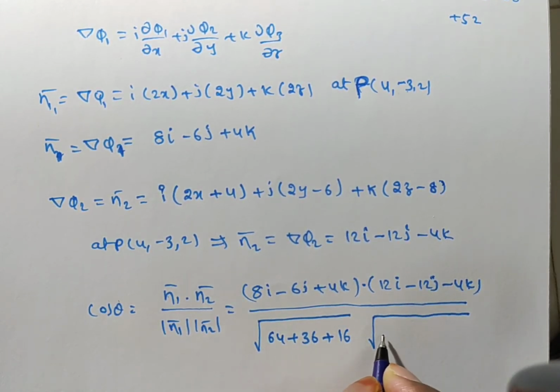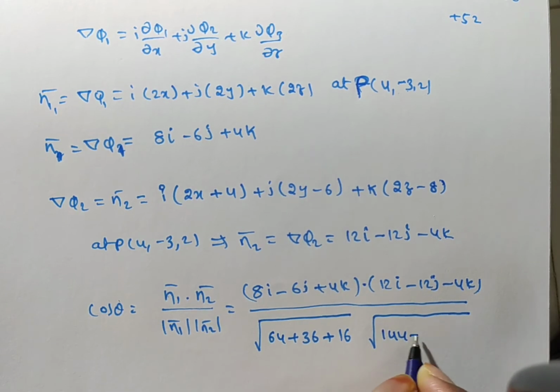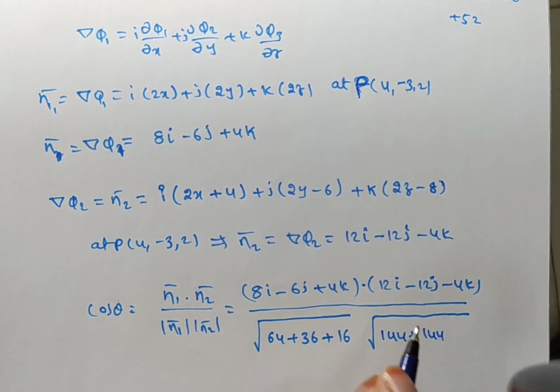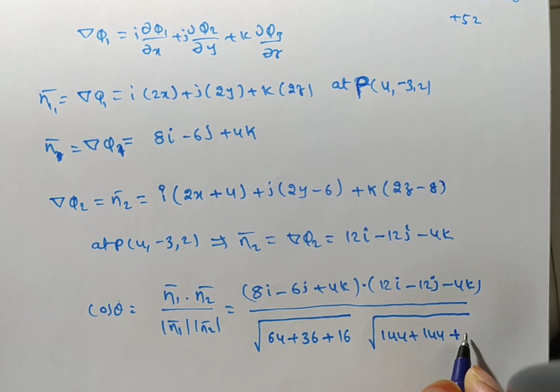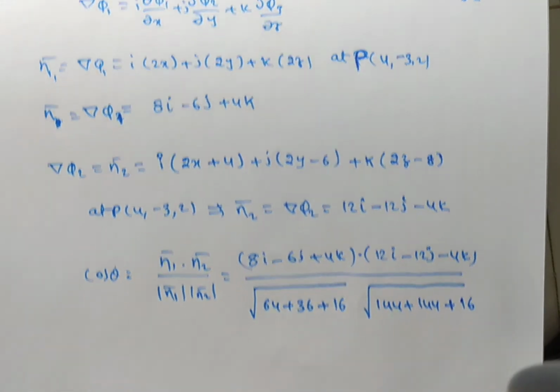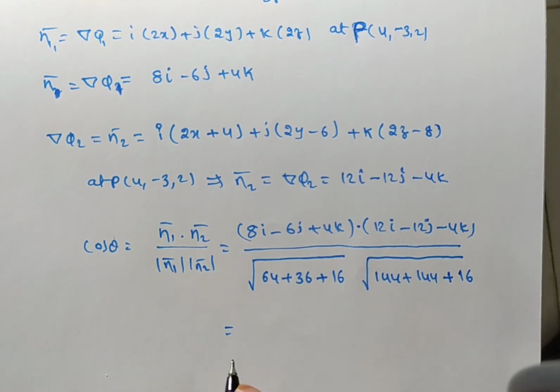The i coefficient square is 12 squared, 144, plus 12 squared, 144, minus 4 square, that is the k coefficient only, minus 4 whole square is nothing but 16. That's it. So now we need to simplify the numerator as well as the denominator.